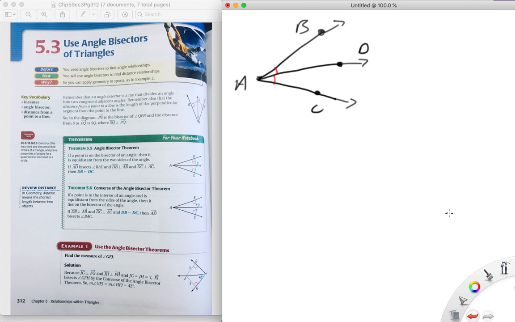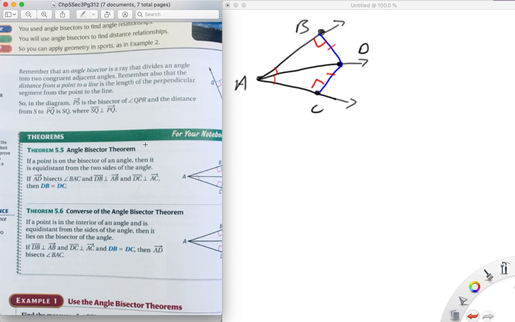If I was to draw a point, or a line rather, from this guy to this guy, the shortest distance, from this guy to this guy, then two things. Thing number one, they would be perpendicular. And thing number two, they would be congruent. So what the angle bisector theorem says, here it is.